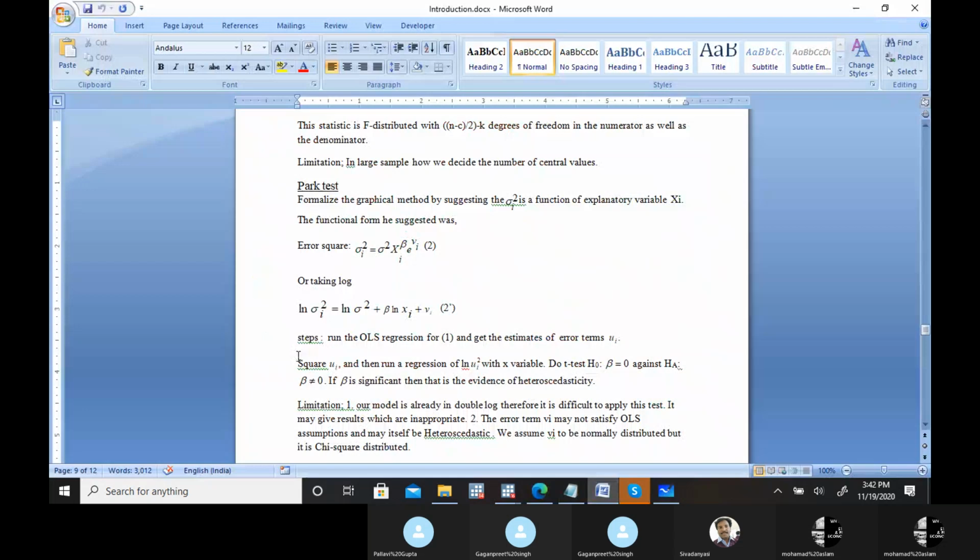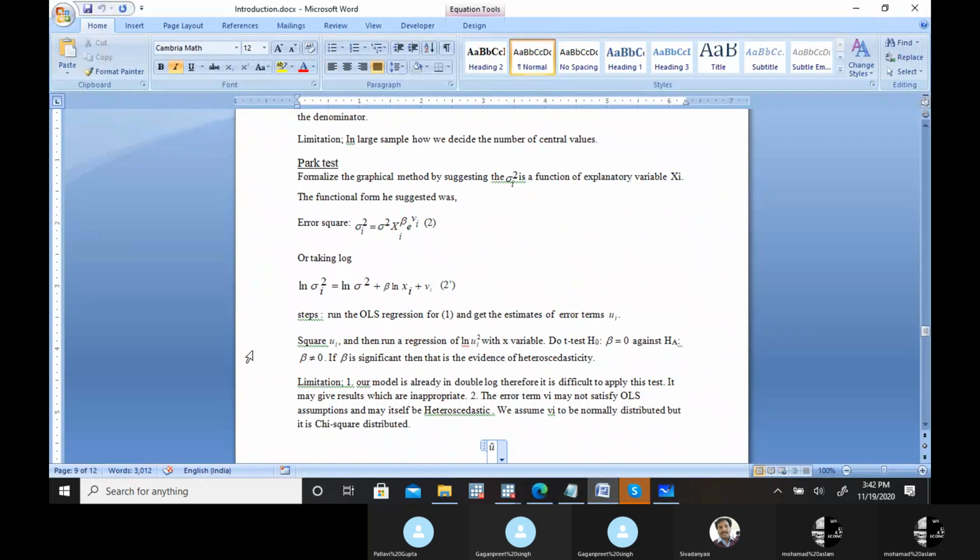So is there any limitation to this particular test? Yeah. If your original model is already in log form, like in this assignment, where I have log form, I can't just apply another log on the previous original log value. So in that case, you have to avoid it.